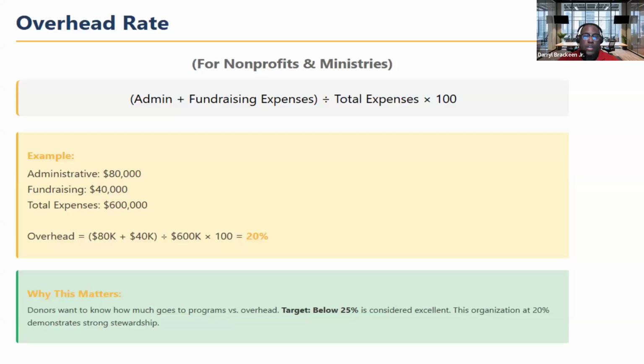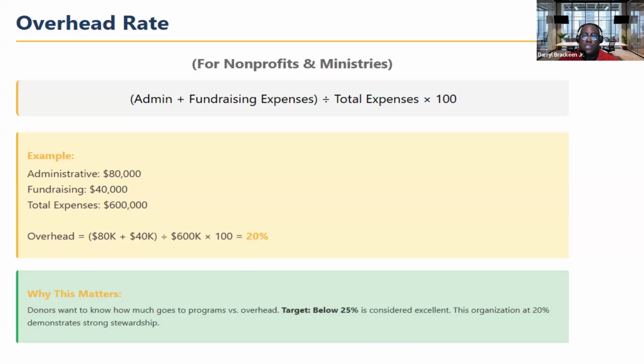Okay, so your overhead equals, you start with the parentheses, 80K plus 40K. Start with that first, and then you divide that by 600K times 100, which equals 20%. Now, why does this matter? Again, remember, the target needs to be below 25%.